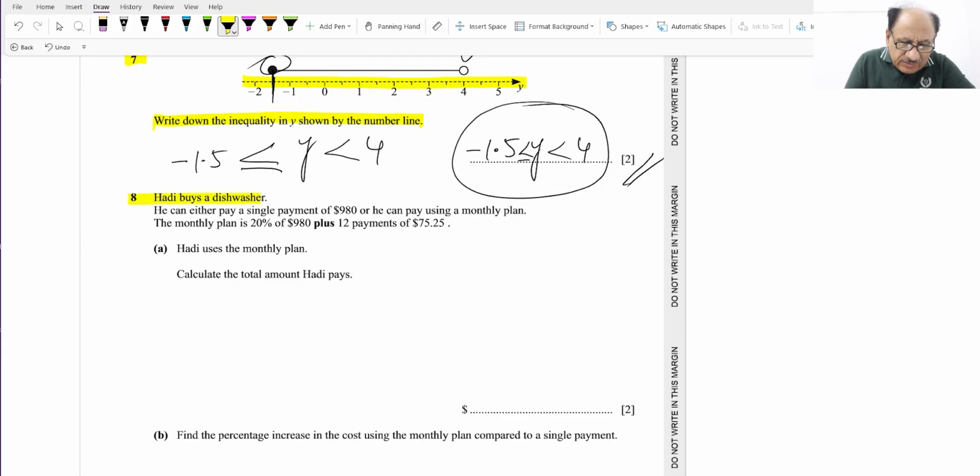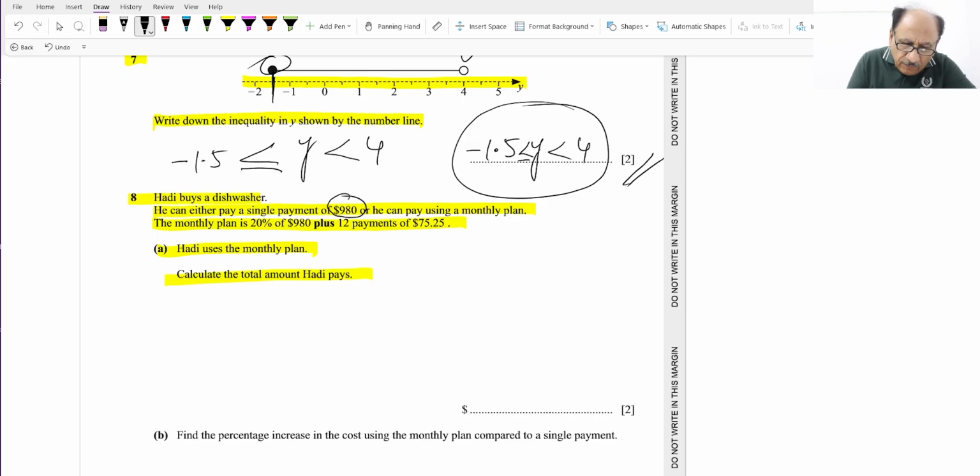Now question number 8. Hadi buys a dishwasher. He can either pay a single payment of 980, or he can pay using a monthly plan. The monthly plan is 20% of 980 plus 12 payments. Hadi uses the monthly plan. Calculate the total amount Hadi pays. So he will be paying two things.